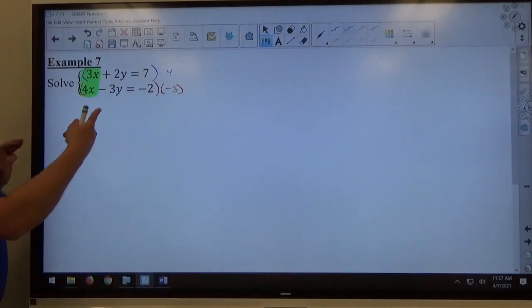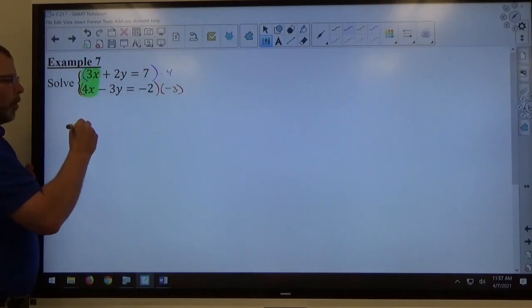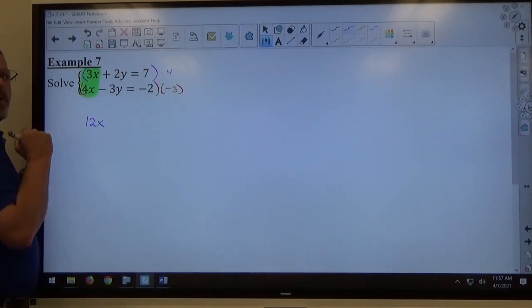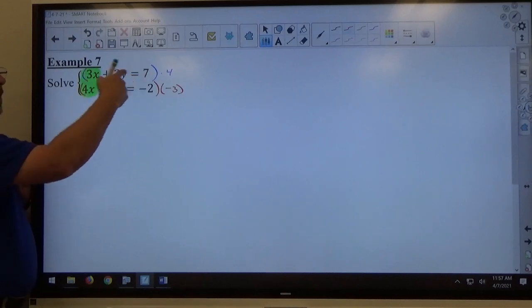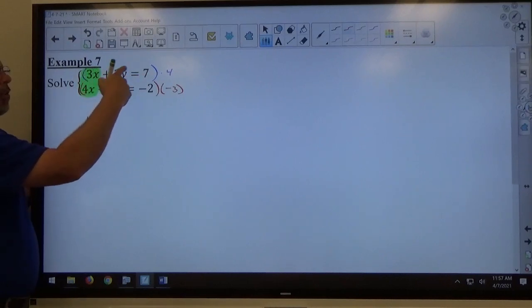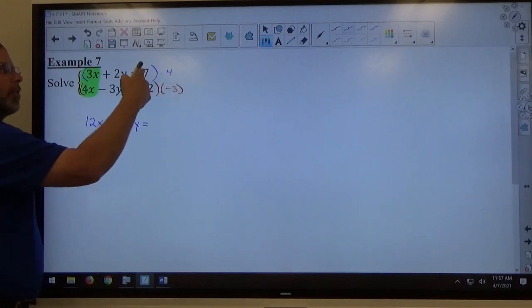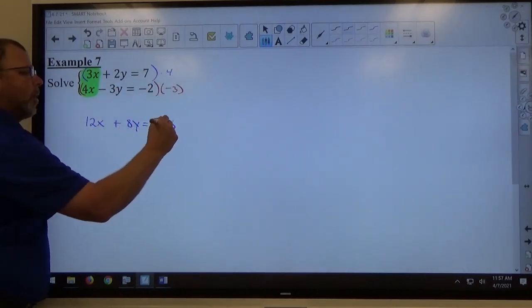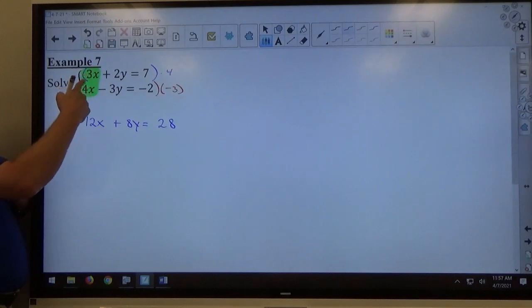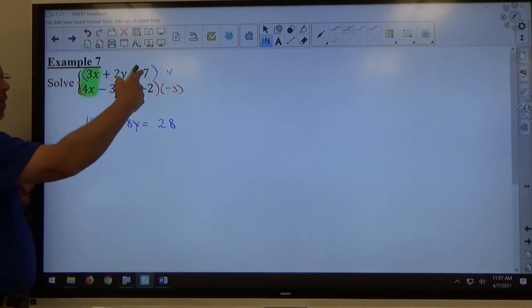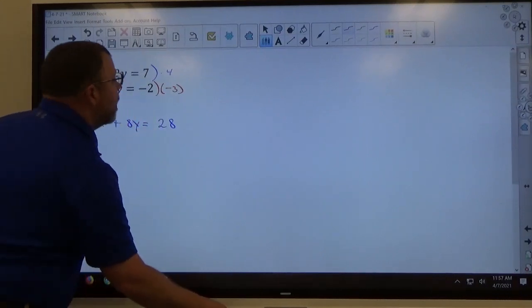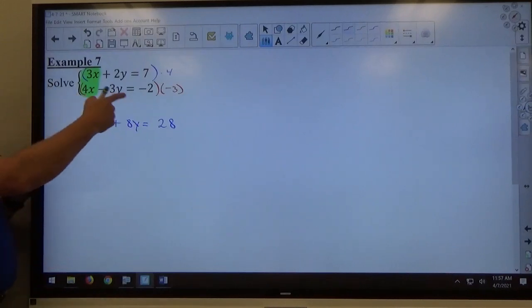Okay, so 4 times 3x makes the positive 12x that I wanted to get. The consequence is everything gets quadrupled. So positive 2y times positive 4 makes positive 8y. Positive 7 times 4 makes positive 28. So everything on top gets quadrupled: 3 times 4, 2y times 4, 7 times 4. On the bottom, everything's getting tripled, but negative tripled.